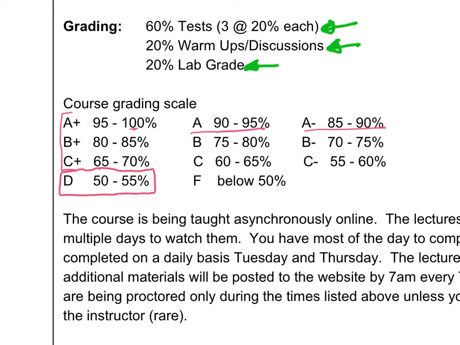It doesn't fulfill prerequisites, so I'm kind of keeping that as kind of a tiny buffer. I don't give D pluses, I don't give D minuses, just in that 5% range, D. And then anything below 50%, F.